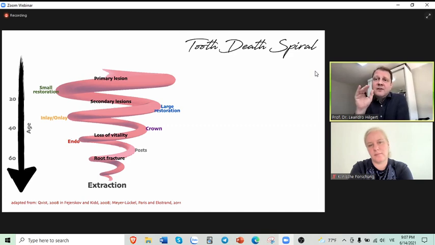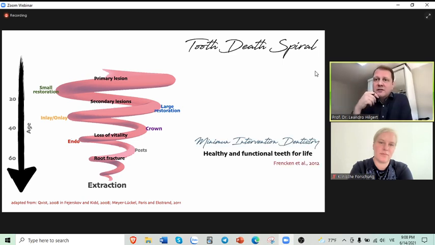So this is something where a yellow light comes up when we see that restorative dentistry alone actually does not guarantee for our patient the motto of the minimum intervention dentistry philosophy, that is, healthy and functional teeth for life. Something needs to be changed.